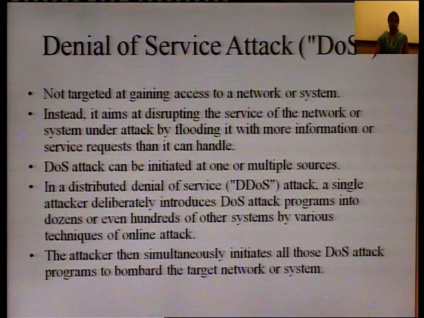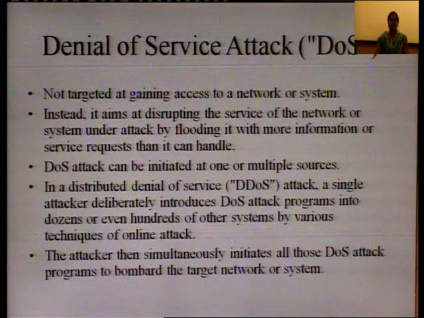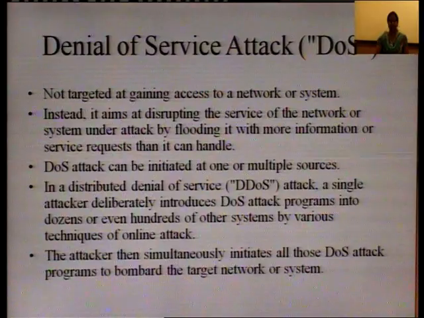In a denial of service attack, the target is not gaining access to the network or system. Instead, it aims at disrupting the service of the network or system under attack by flooding it with more information or service requests than it can handle. A DOS attack can be initiated from one or multiple sources.